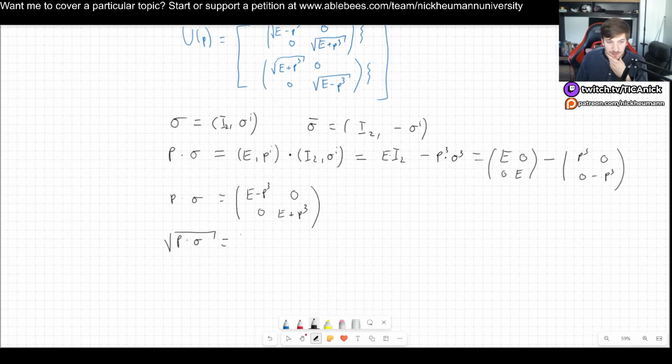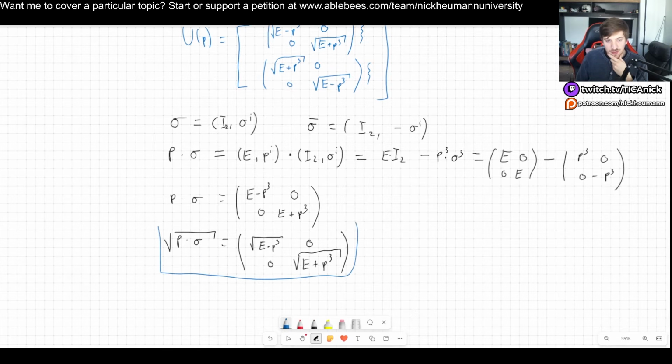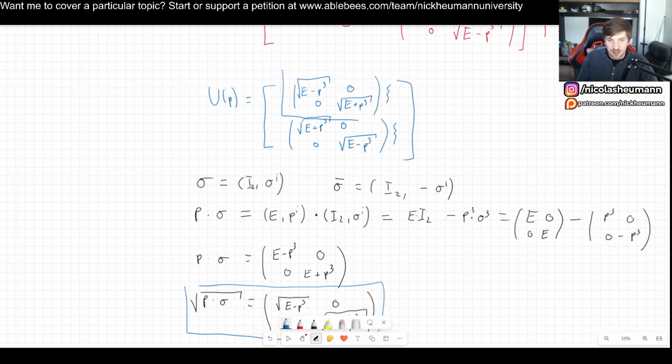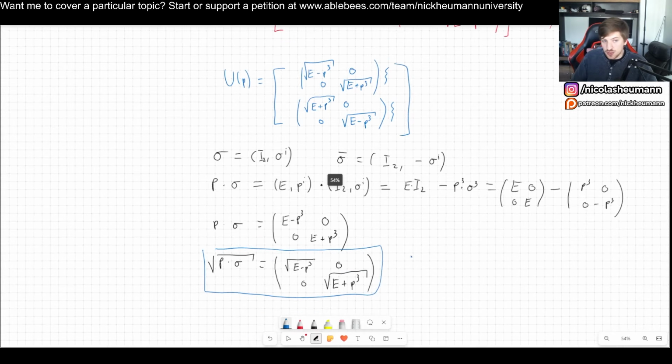So this thing is simply the square root of e minus p3, 0, 0, and the square root of e plus p3. And we can already see that this is exactly what we have in the upper half. All right, so that's one way to write this.